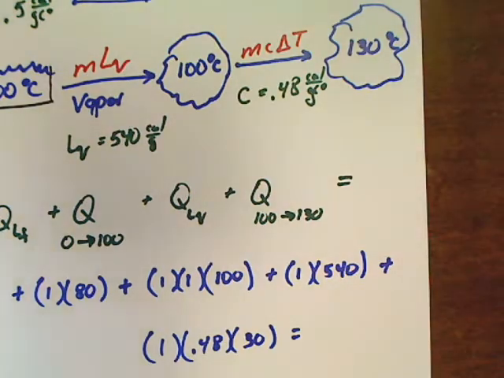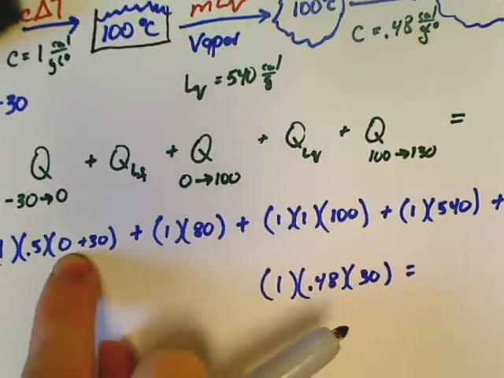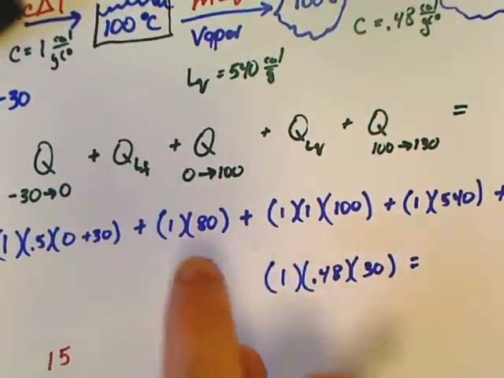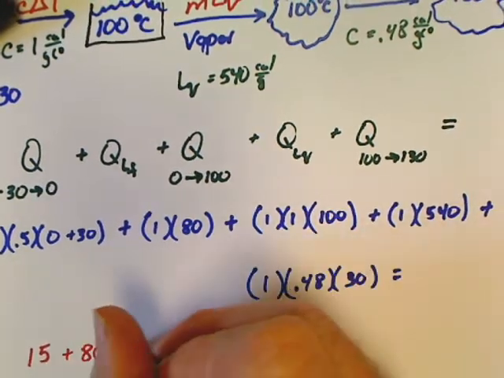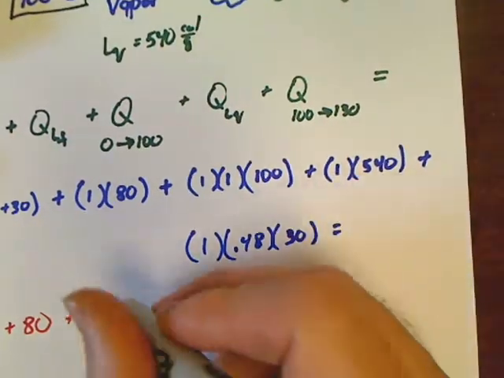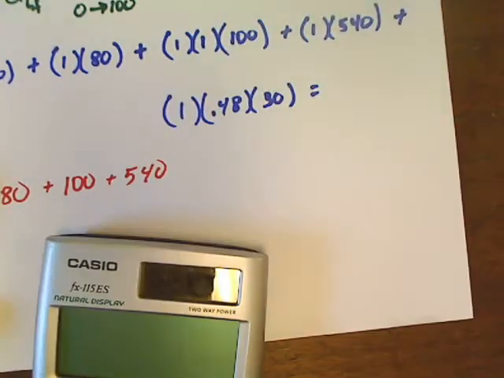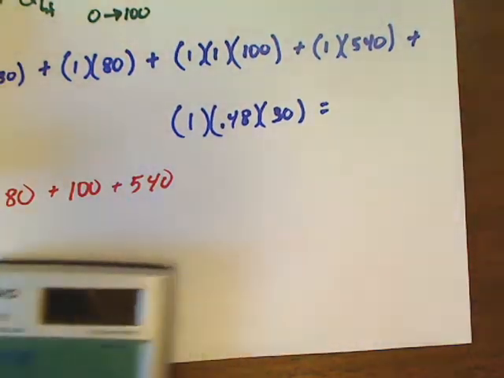Part of this I may not even need a calculator for. 0 plus 30 over here is just 30, so that's half of 30, so I've got 15 plus 80. 1 times 1 times 100. This is why we do calories, the units are a lot handier. 1 times 540 is 540. 30 times 0.48 is basically 15, but let's get it exactly: 14.4.